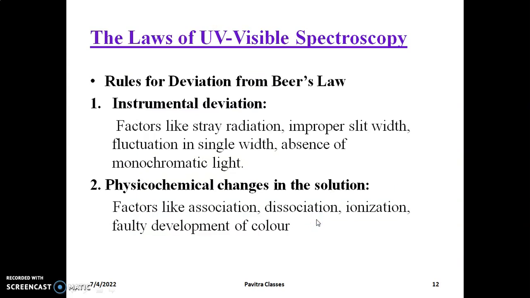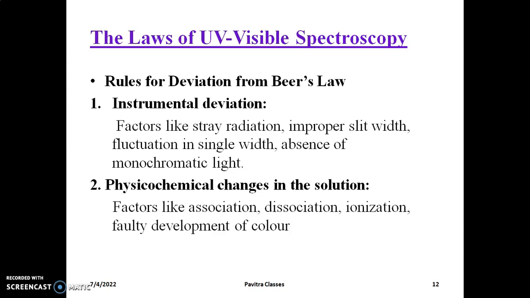There are some reasons for the deviation from Beer's law. These are the two major reasons: instrumental deviation and physicochemical deviation. In instrumental deviations, there is stray radiation, improper light, improper slit width, fluctuation in the slit width, or absence of monochromatic light.